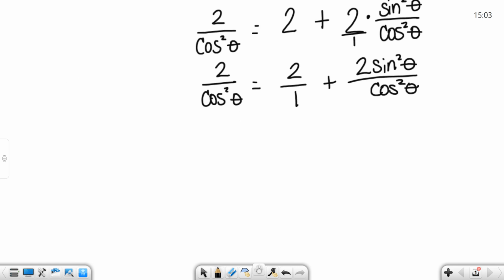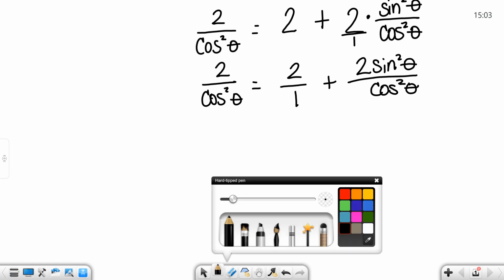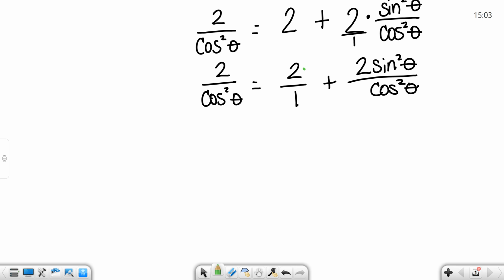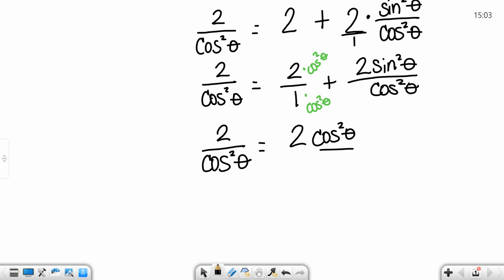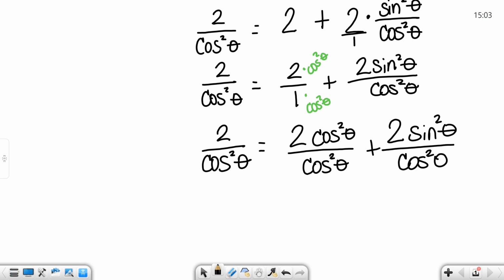All right, so on my right-hand side, I do need to get a common denominator. So I'm going to multiply the numerator and the denominator here by cosine squared. On my left, I just bring that down. I'm not doing anything on the left at the moment. So I get 2 cosine squared theta over cosine squared theta plus 2 sine squared theta over cosine squared theta.